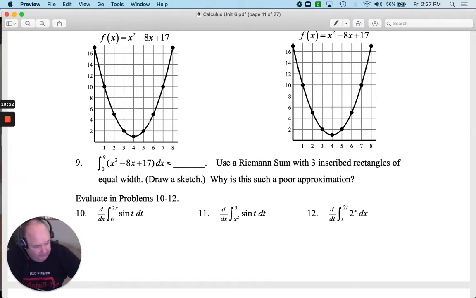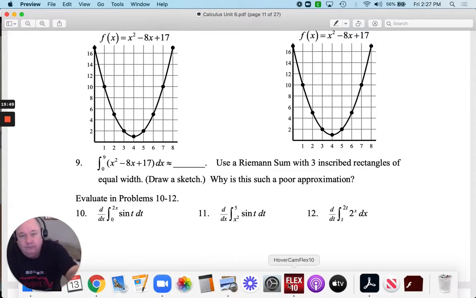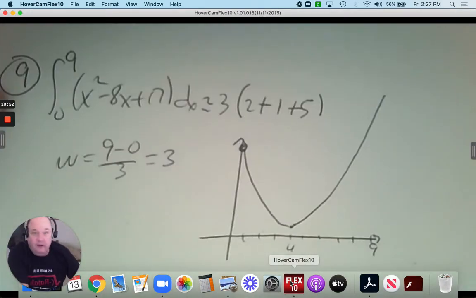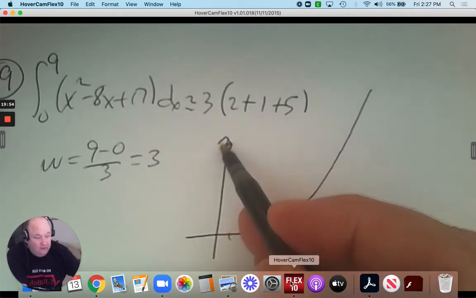The graph of it, this is what it would look like. Let's count to 9. 1, 2, 3, 4, 5, 6. So this is what the sketch would look like, because 9 is higher than this.